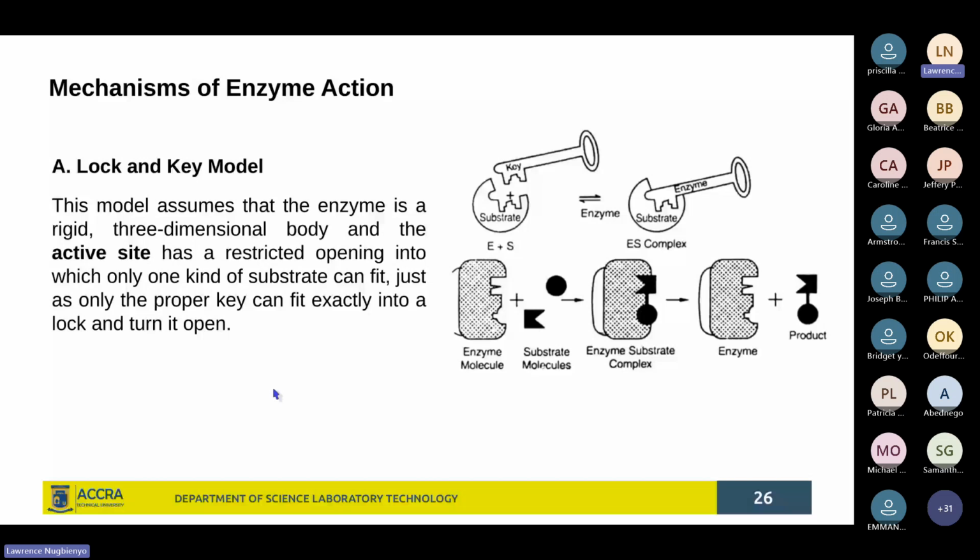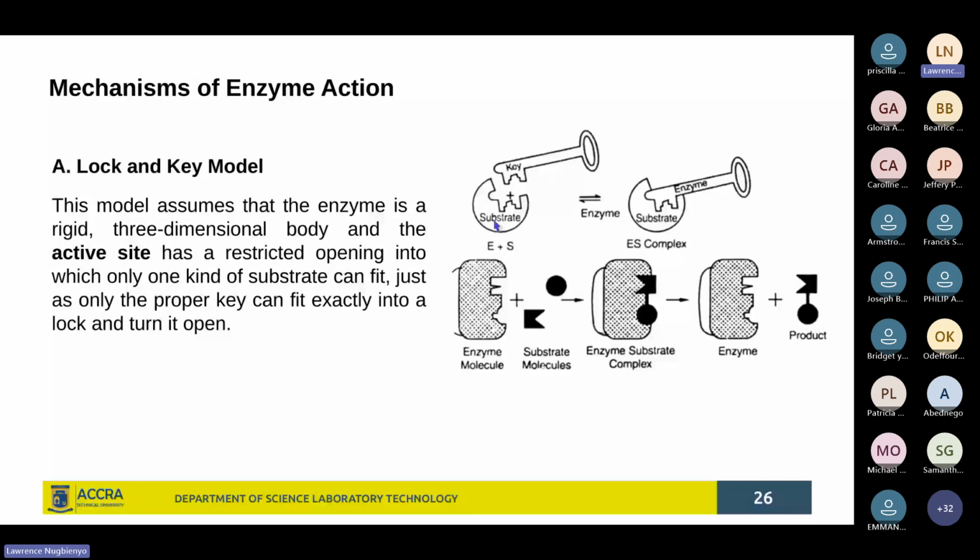And so you see it being depicted here, the substrate as a keyhole, or even let's call it a key. Even if you say it's a padlock, it is still a keyhole in which you are going to put the key, the key being the enzyme. So when the two bind, it forms the enzyme substrate complex.